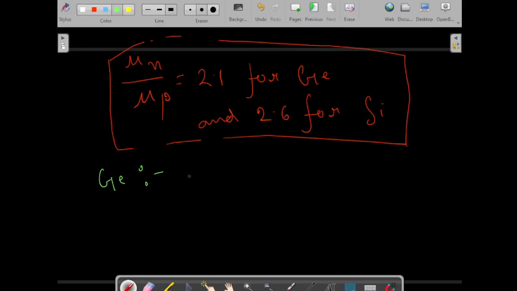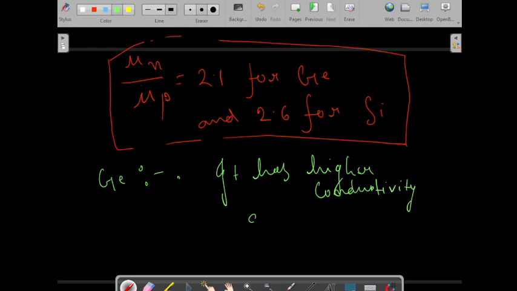So I write here it has higher conductivity as it has higher mobility.